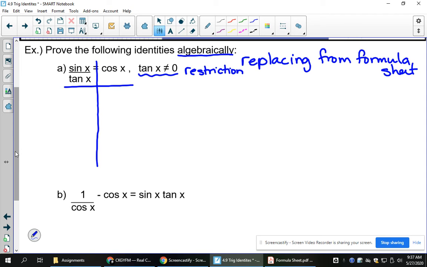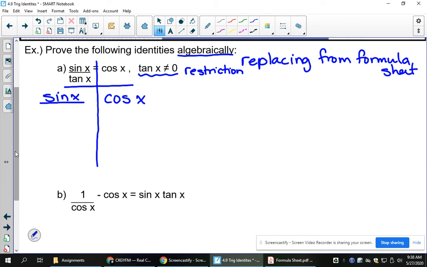So here I go. My right side is pretty easy. My right side is cosine x. Doesn't get much simpler than that. I need to make my left side look like that. So I've got sine x divided by, now I'm trying to make everything sine and cosine.